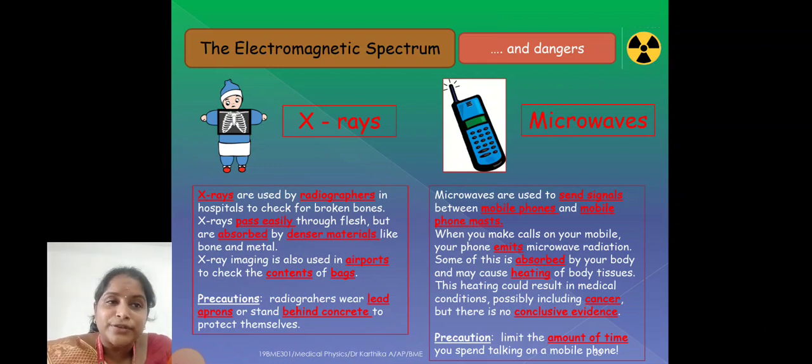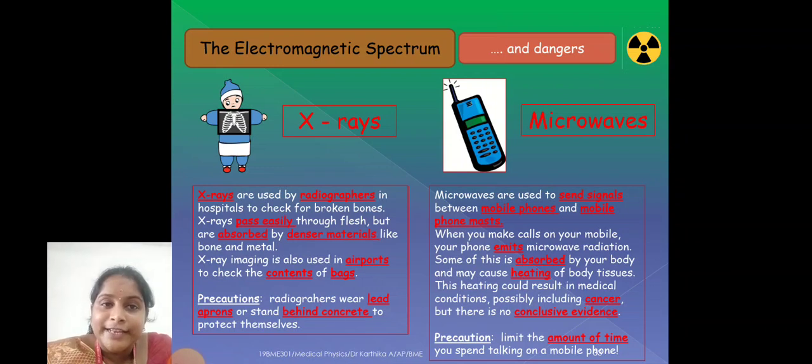Microwaves are used to send signals between mobile phones and mobile phone hosts. When you make calls on your mobile, your phone emits microwave radiation. Some of this is absorbed by your body and may cause heating of body tissues. The heating could result in medical conditions, possibly including cancer, but there is no conclusive evidence.